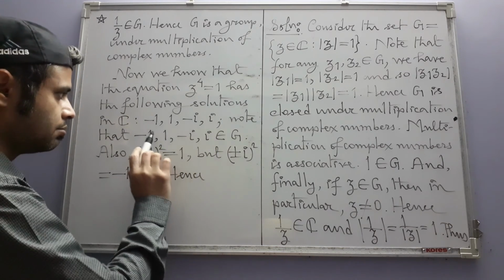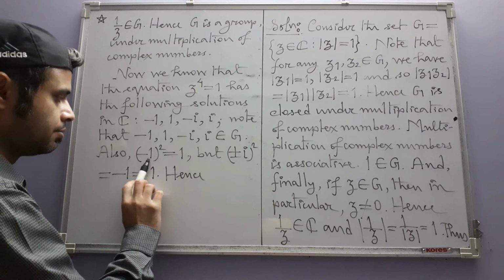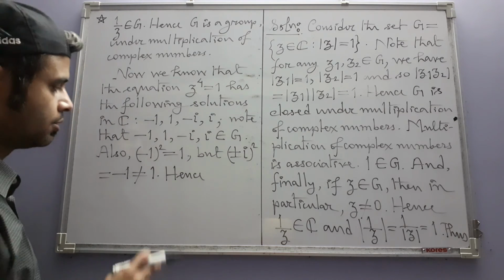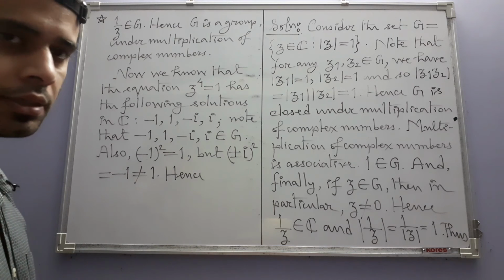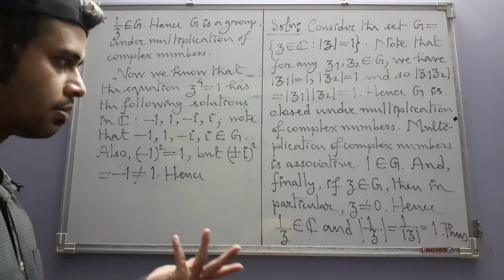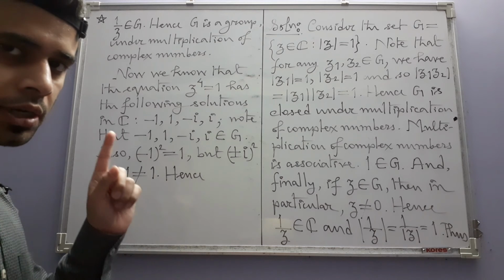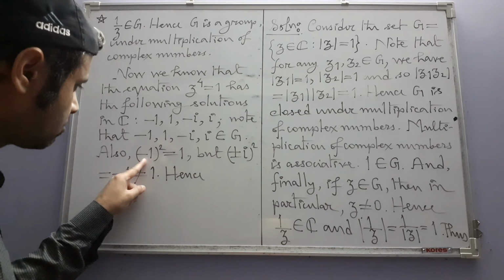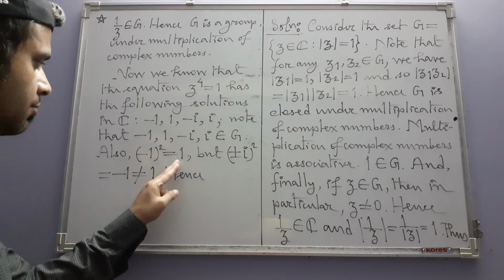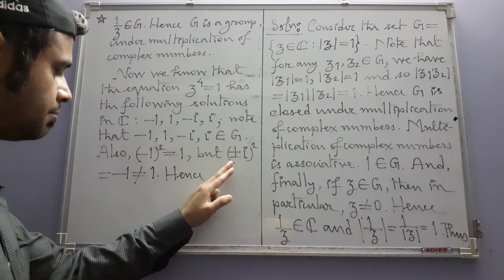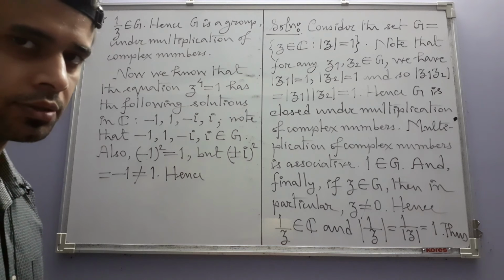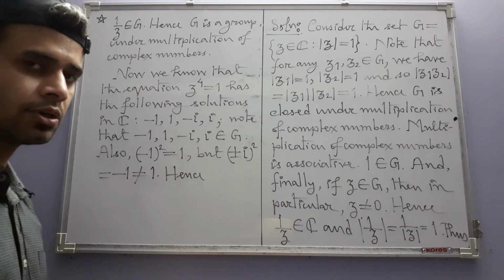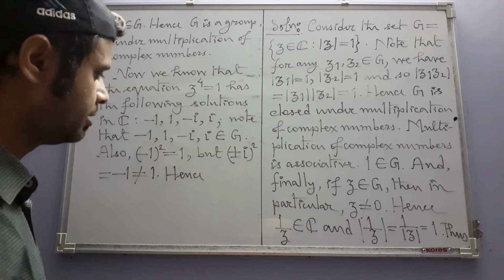However, among them -1 and 1 are not of order 4, because smaller powers equal the identity 1. 1 of course is the identity itself, so its order is 1, and -1 has order 2 because of this equation. However, plus i and minus i don't have order 2, and also clearly they don't have order 1, because none of them is equal to the identity.